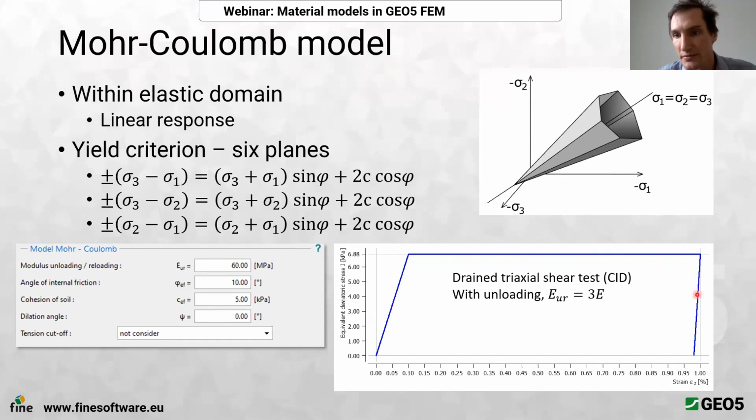And then when you unload the specimen, you will end up with some permanent strain. Again, you can use the unloading reloading modulus for this model as well.